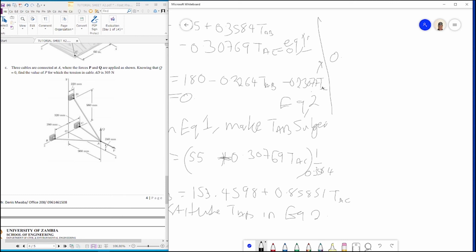So the positive one then, 0.2264, then brackets 153.4598 plus 0.85851 TAC.